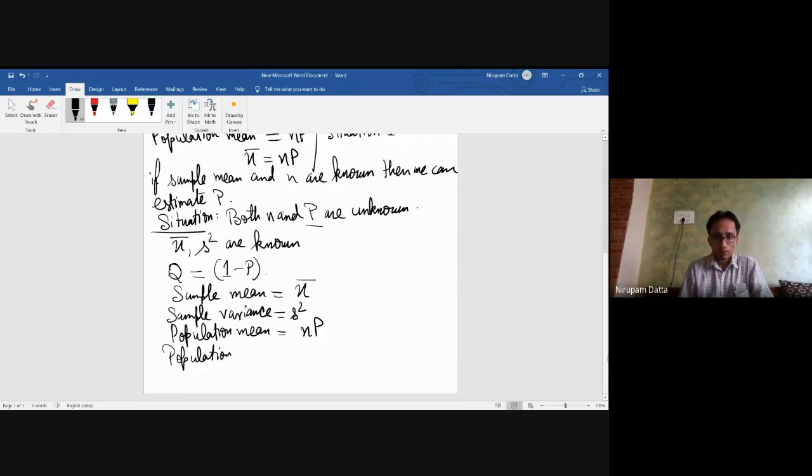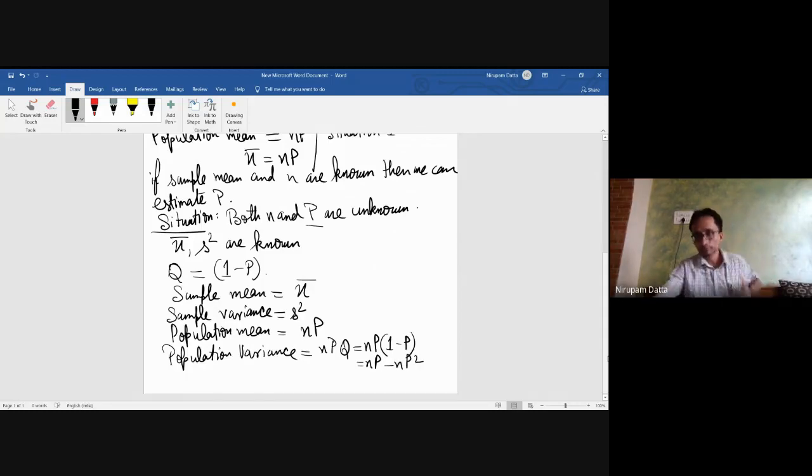So population variance will be equal to NPQ, which is nothing but NP into 1 minus P. So this is nothing but NP minus NP square. This we can write as NP minus P square.